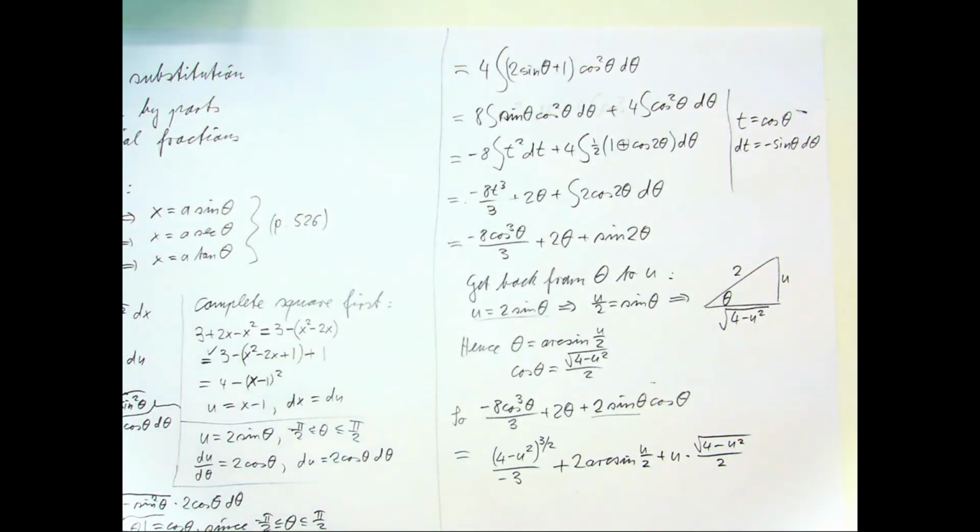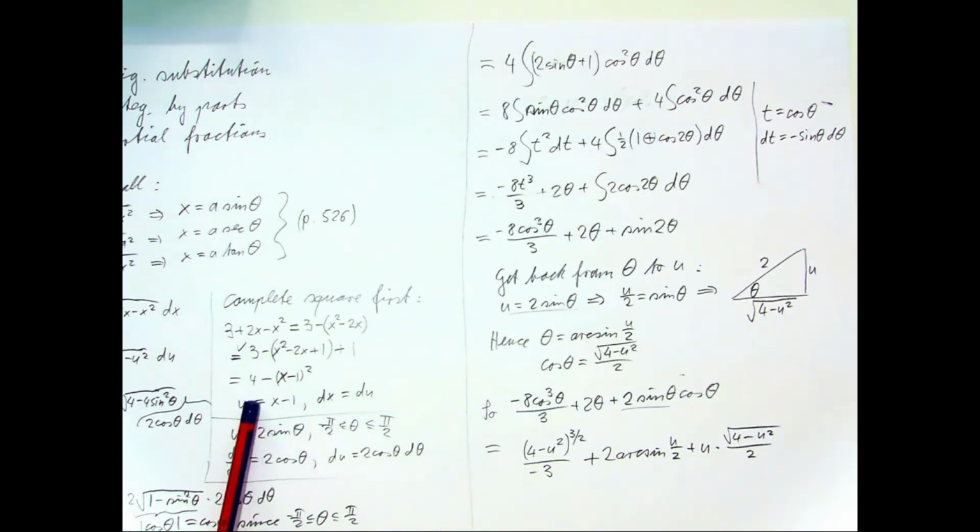And now, the last step is to go back from the u to the x. Remember, u is simply x minus 1. So we put in x minus 1 everywhere, but actually we can simplify this in another way. 4 minus u squared is this expression that we got by completing the square. 4 minus u squared is nothing else than our original term under the root.